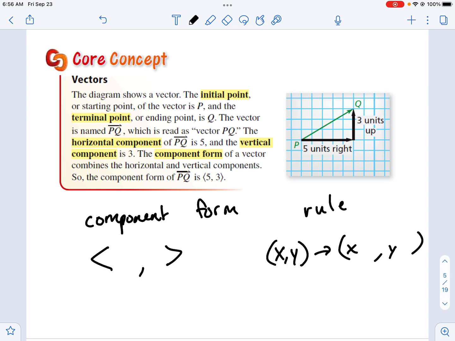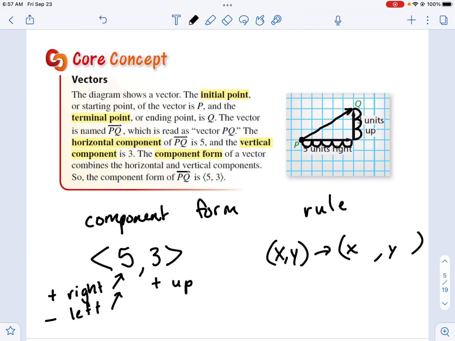Okay. So to write the component form of something, you just figure out how do I get from the start to the finish. So it looks like it's right 5. 1, 2, 3, 4, 5. And then up 1, 2, 3. So if you're moving right, you're going to have a positive number here. Left is going to be negative here.